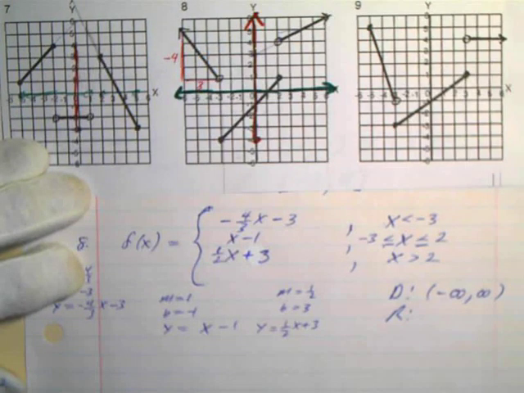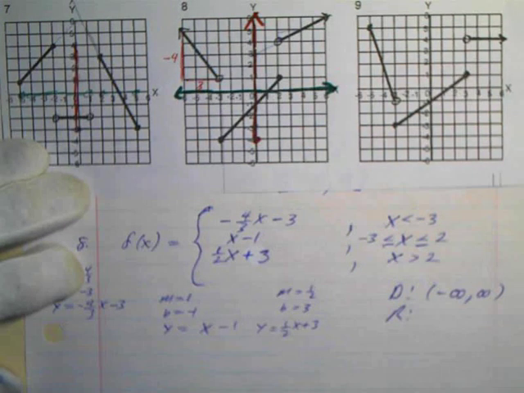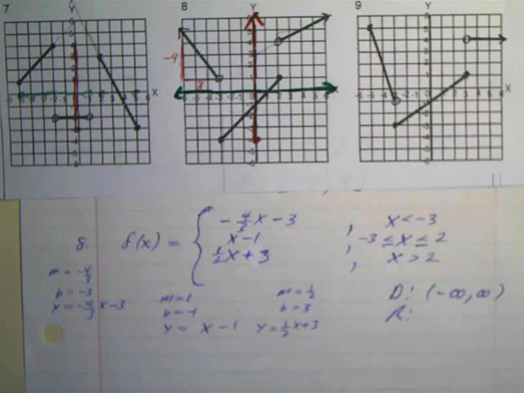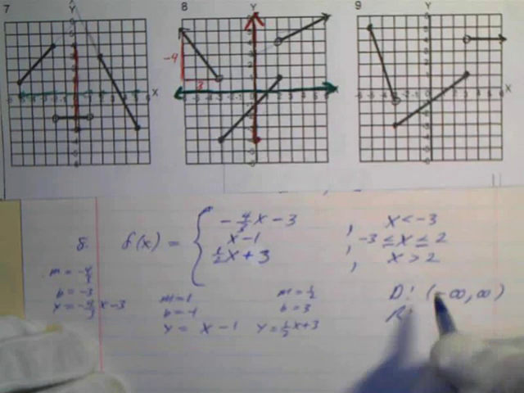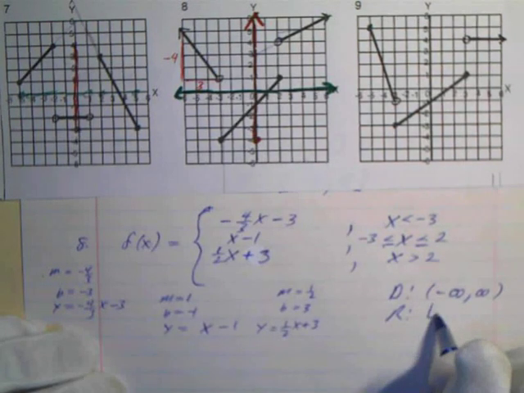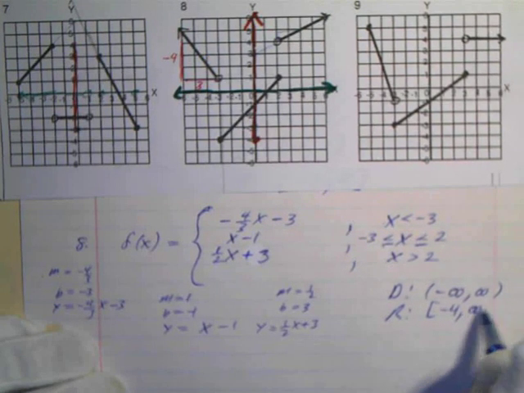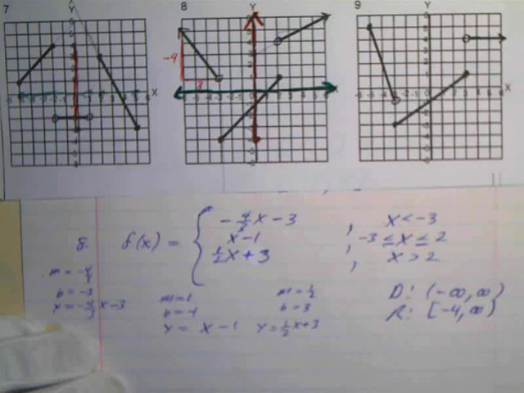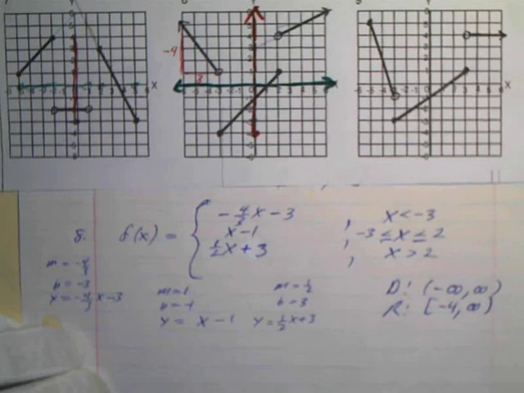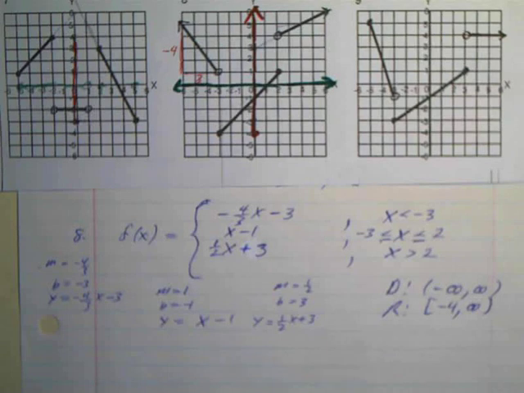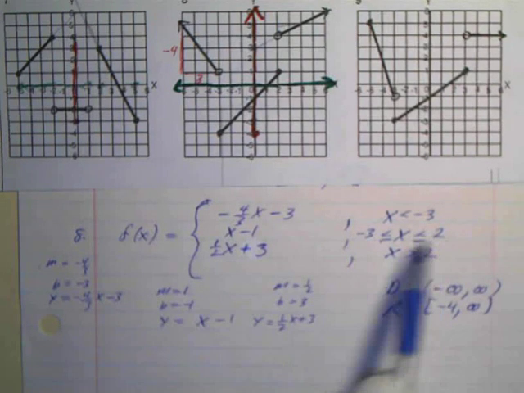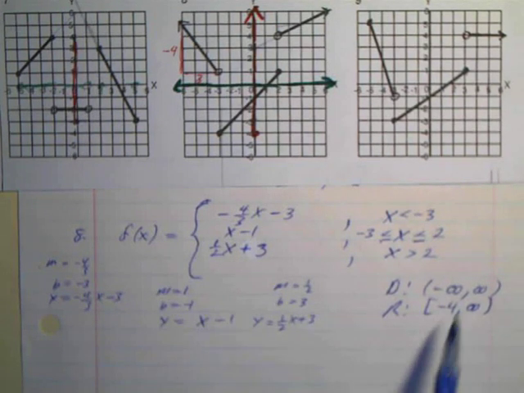So with a dot there, it's going to go from -4 to infinity. And that's what you got for your range. Okay, so that's for number 8. So there's your 3 pieces, there's your domain, and there's your range.